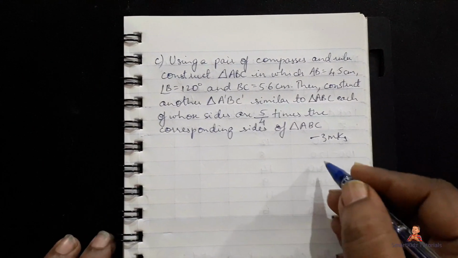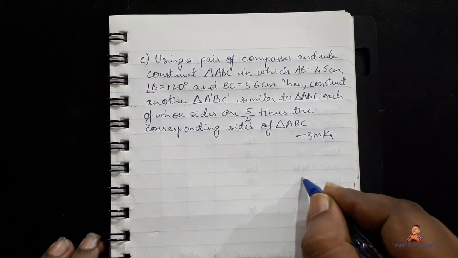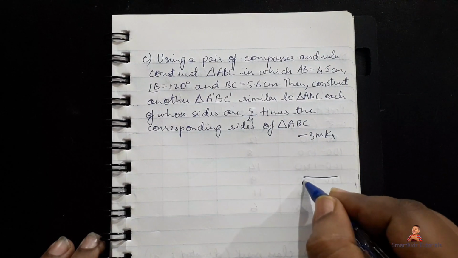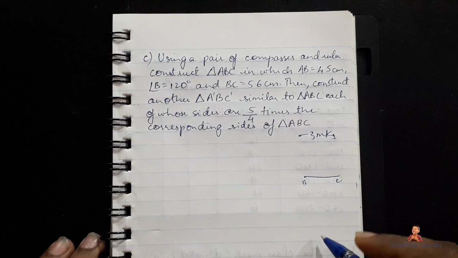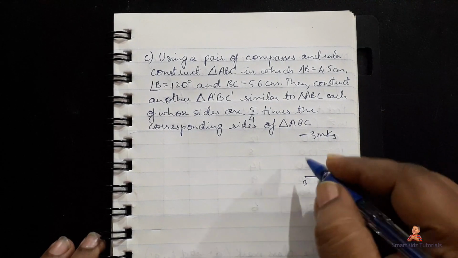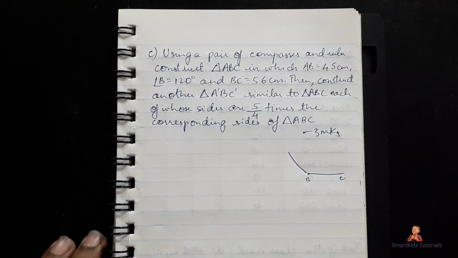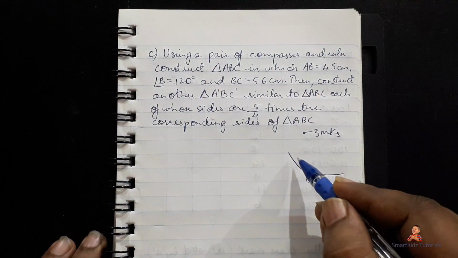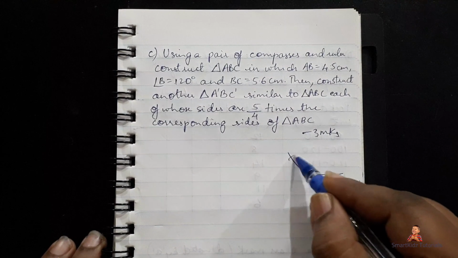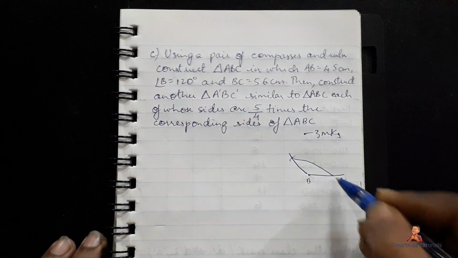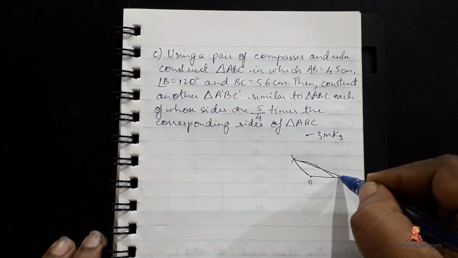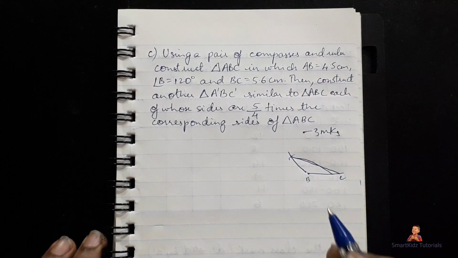So it will be something like this. We'll have to first draw BC. Let's say over here BC. Once we draw BC, the next thing would be to construct 120 degrees. So 120 degrees will come something like this. Once we do that, we need to cut AB over here and then join this like this. Sorry for the missing diagram, it's very rough. We'll draw a fair one.